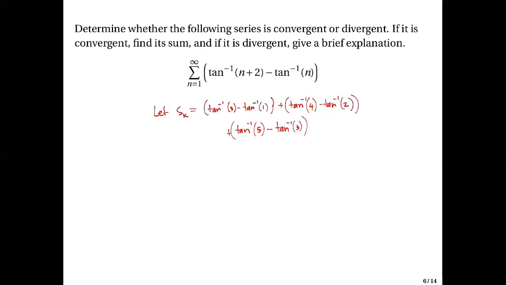Let's add some more. Plus at n equals 4, you have tangent inverse of 6 minus tangent inverse of 4. And then plus, you have tangent inverse of k plus 2 minus tangent inverse of k.